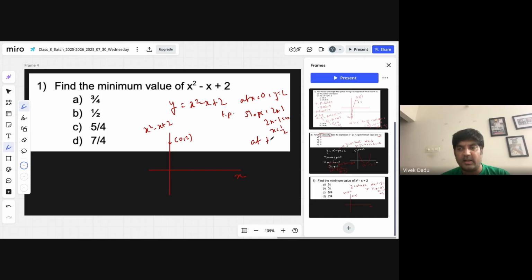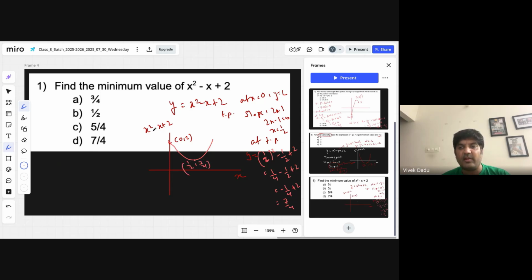So at the turning point, y is equal to half square minus half plus 2, which is equal to 7 by 4. So now you have the turning point: half comma 7 by 4.